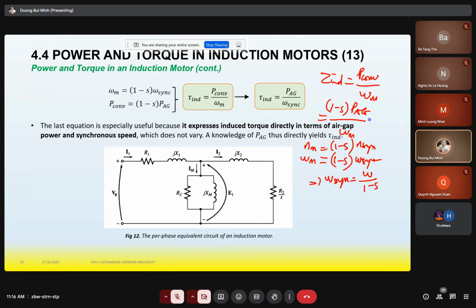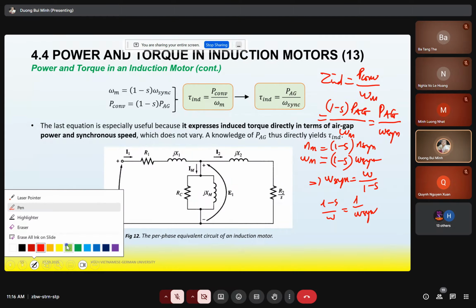So here, (1 minus S) over omega_m, you can get air gap power over omega_sync. So we have two ways to calculate the induced torque.